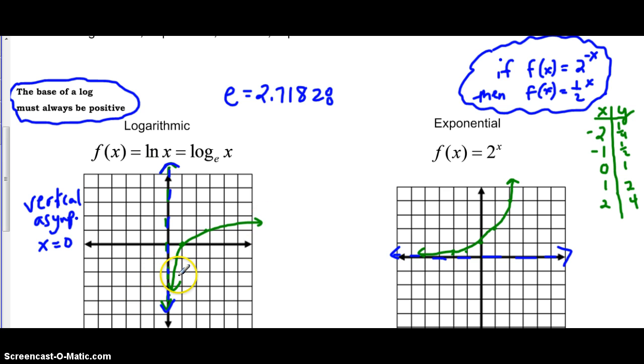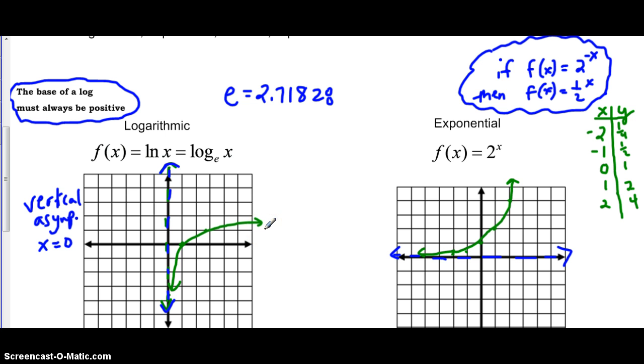Trees can be described as growing in a natural log function. Other items that you'll see will have this type of growth. If you think about how a tree grows, it grows quickly right away, but then slowly grows over years, to help you remember what that function looks like. And it will always have a positive base.